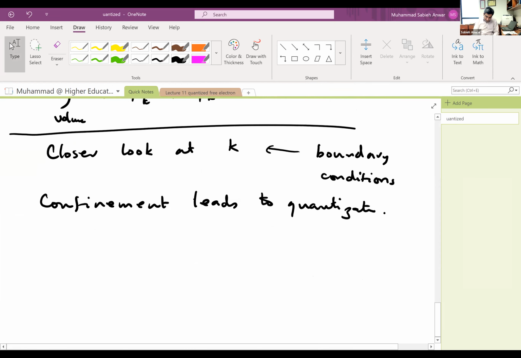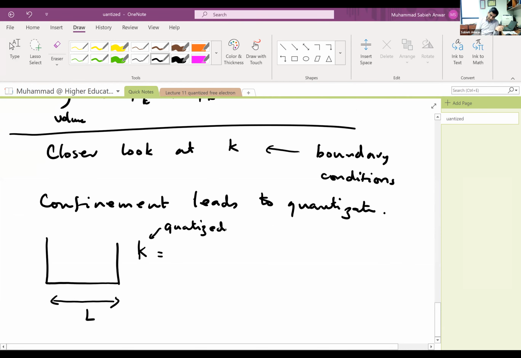You all know this very well when you study the particle in a well. So what's the particle in a well? If I have a well of length L, we know that k is going to be quantized, and this will only be true when L holds an integral number of wavelengths. So lambda equals 2L over n, and k has to be equal to 2 pi over lambda.